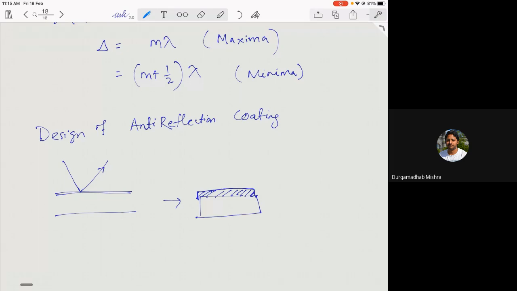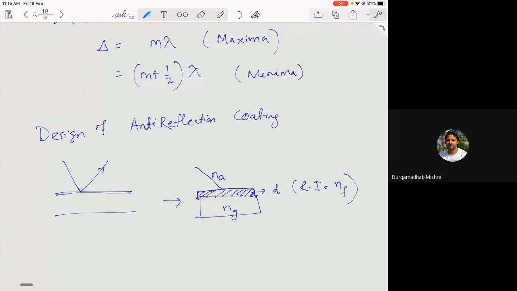This coating, this thin film, will have a certain thickness d and a refractive index, let's say nf of the film. This is ng, and this is your air, na, refractive index. You want to put this coating on so that you reduce the light that is reflected from the surface.